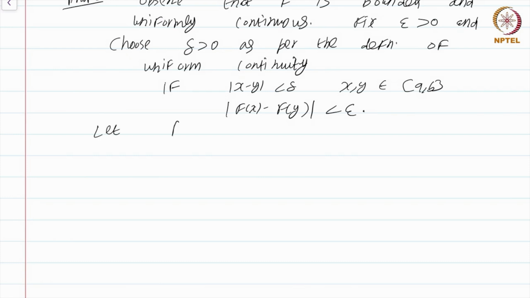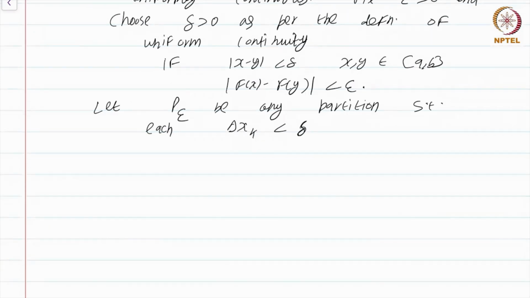Let P epsilon be any partition such that each delta xk is less than delta. That just means that consecutive points in this partition are less than delta distance away. Now, what will this show?